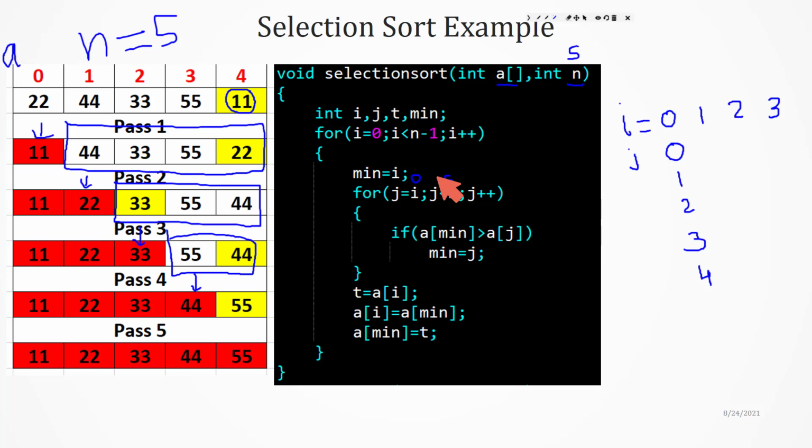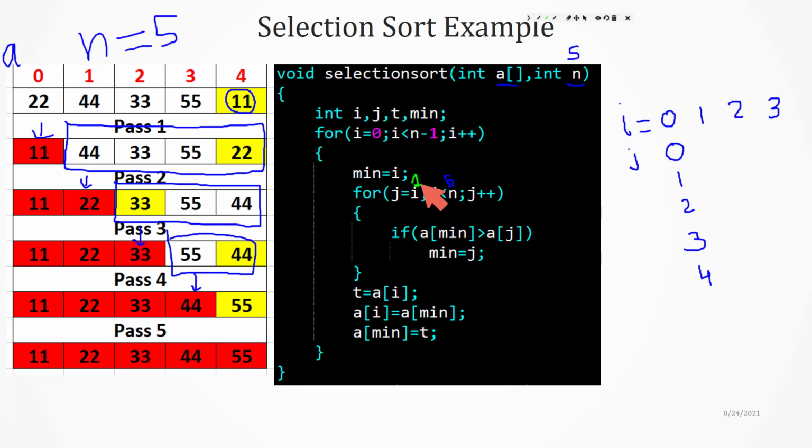Munna, Mishan, PK. Yes, sir. What are the possible values of j when i equals 1? I equals 1, so here j equals i. So what will be the initial value of j? Initial value 1. Okay.